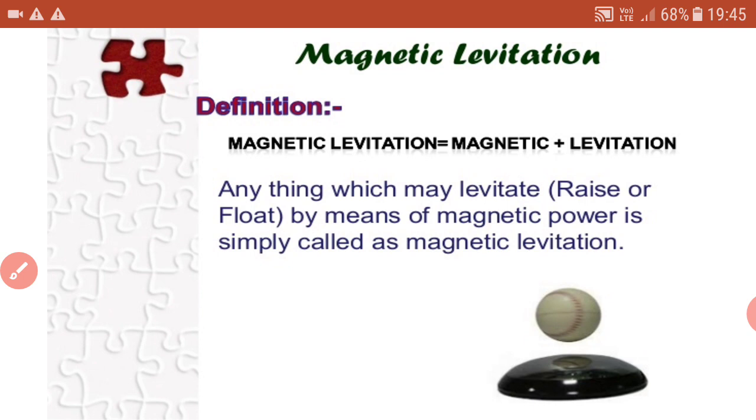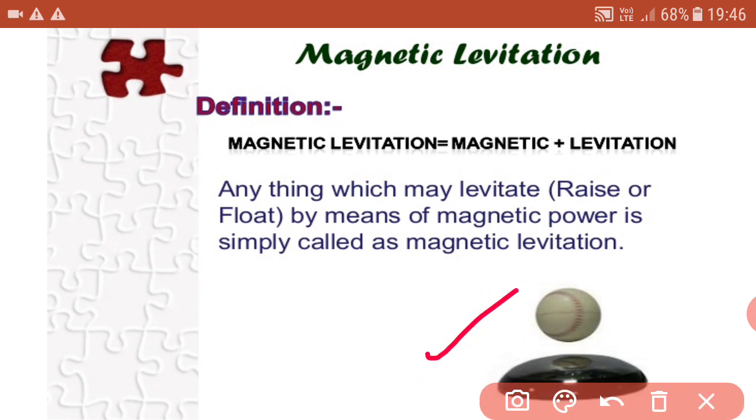Here in this figure we can see that there is a gap in between these two, and this is the rise. We can say that it is a rise due to the magnetic field, and the magnetic field is known as magnetic power. So due to this magnetic power, this ball rises above this piece, and in between these two there is a repulsive force. So this is the basic of magnetic levitation.